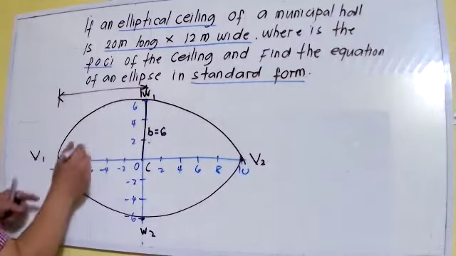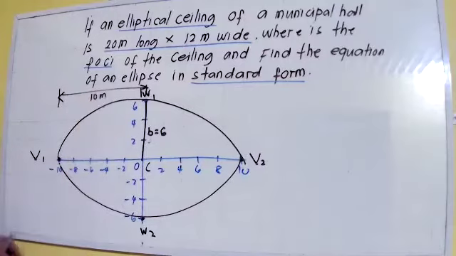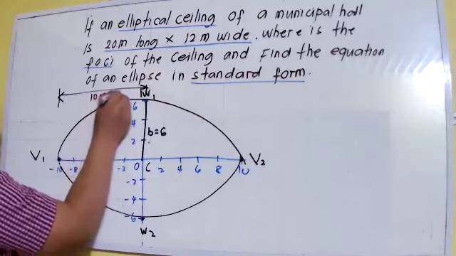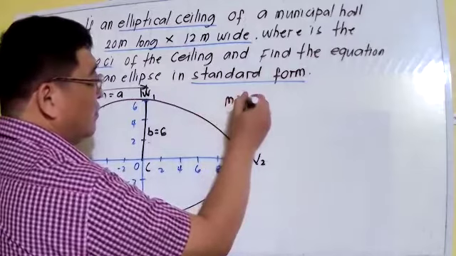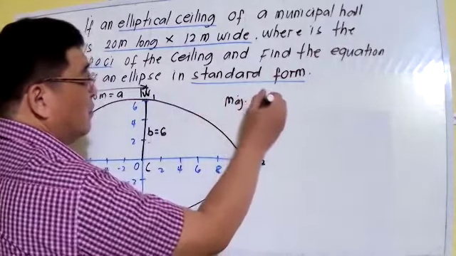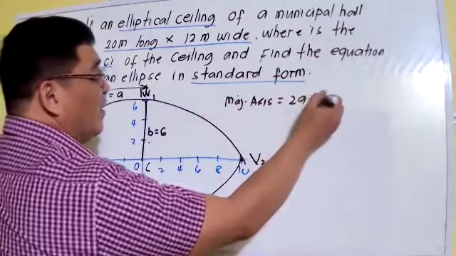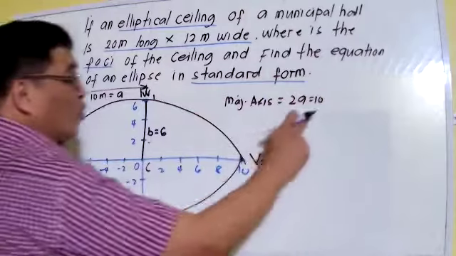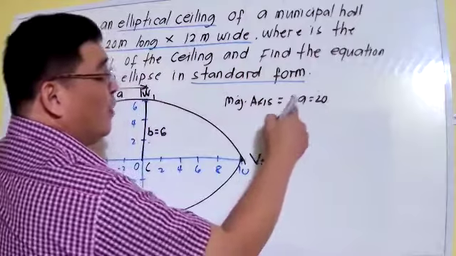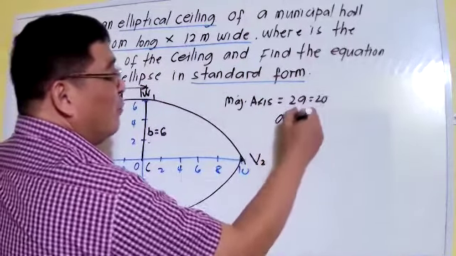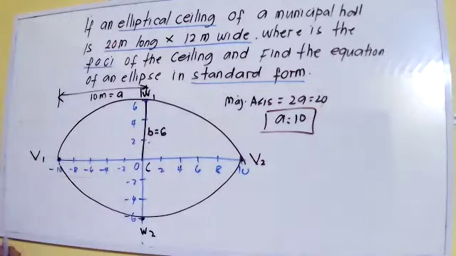That is equals to a. Alam kasi natin that the major axis 2a is equals to 20. Para makuha yung value ng a, i-divide mo lang sa 2, we have a is equals to 10, b is equals to 6.